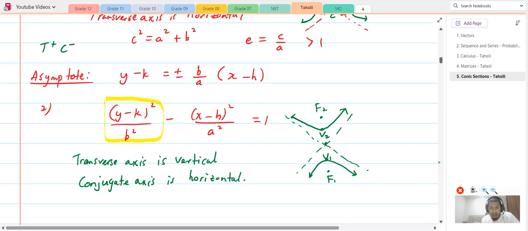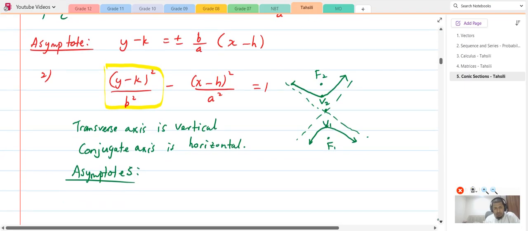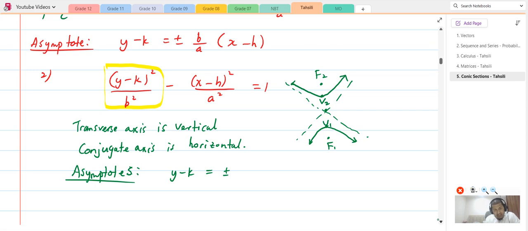Okay, and what are the asymptotes? The asymptote is y minus k equals plus or minus b over a again, because I changed this around. If you put a here and b there, then it is the square root of that, so it's still b over a times (x minus h).